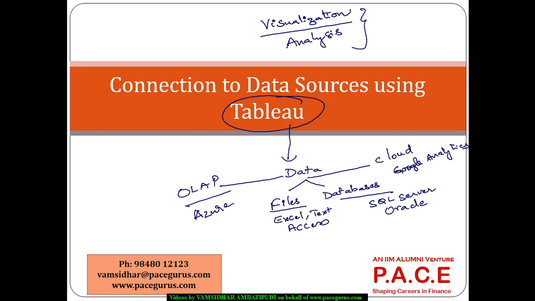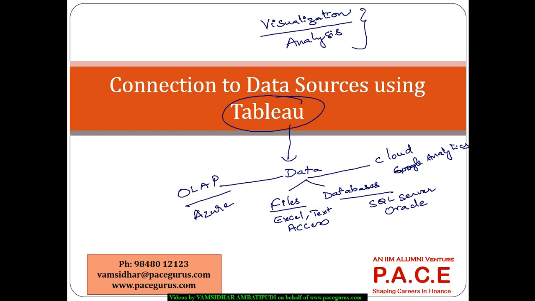Now that is where what Tableau simply does is, whatever is the data source that you are connecting to, the background work will make sure that once the data comes into your Tableau scope, whatever you are doing, the visualization, the analysis, should not depend on the data source.